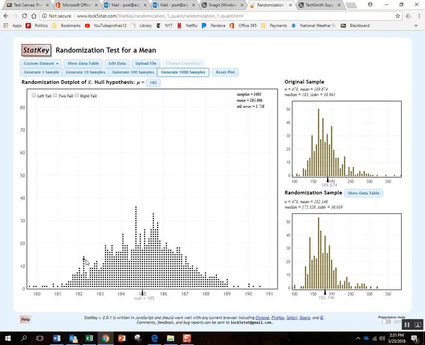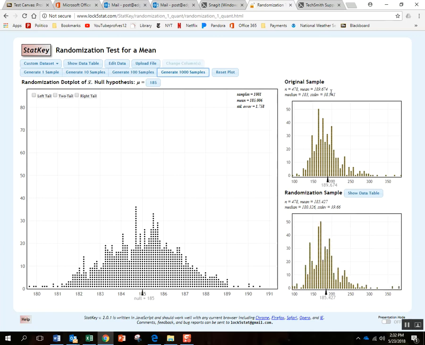And the population it's created looks a lot like our original data, so that's why this is a valid process. It looks as if it's spread out in the same way the original data is spread out. So each of these dots represents the average of 478 men from this universe where the mean is actually 185 for the whole population.